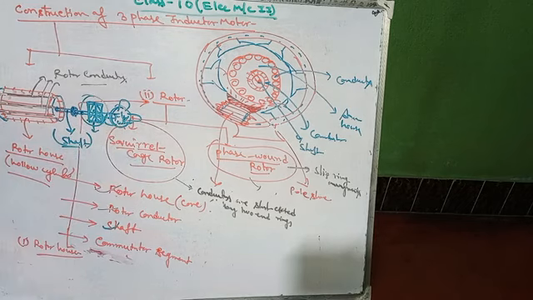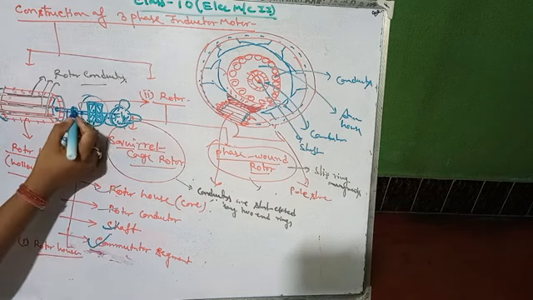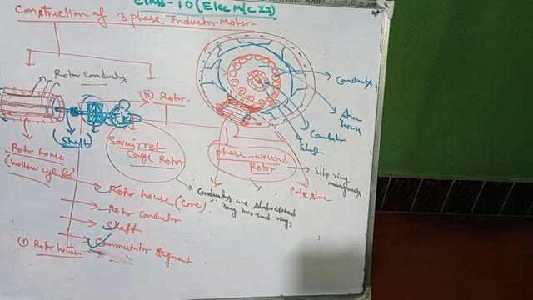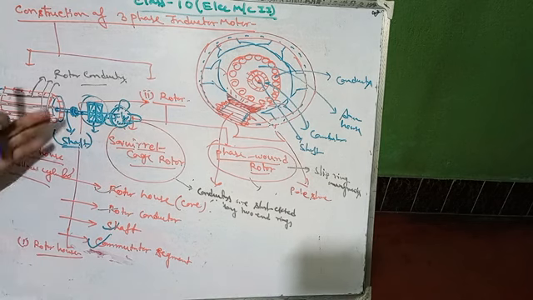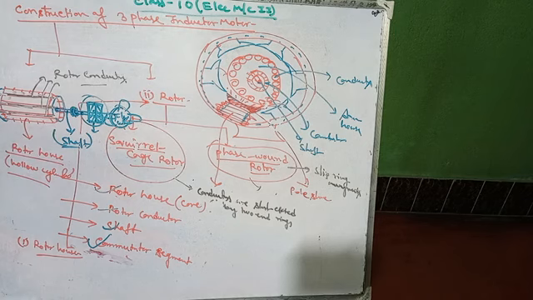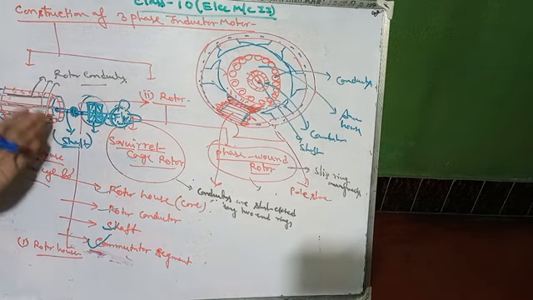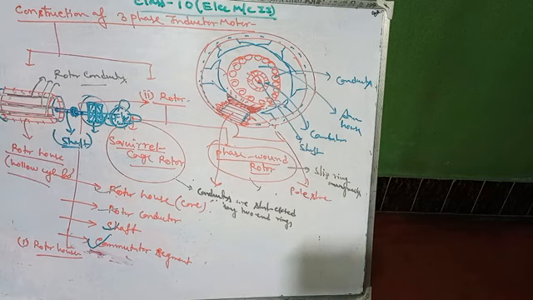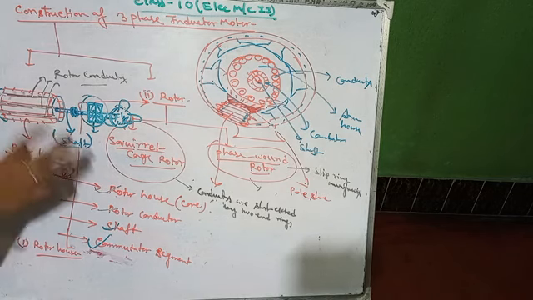And the commutator segment is used in a generator to collect the current coming from the armature, or to give current to the armature. So this commutator segment is not important for your motor purpose. It is only applicable for generating purpose, but here I am making it general.